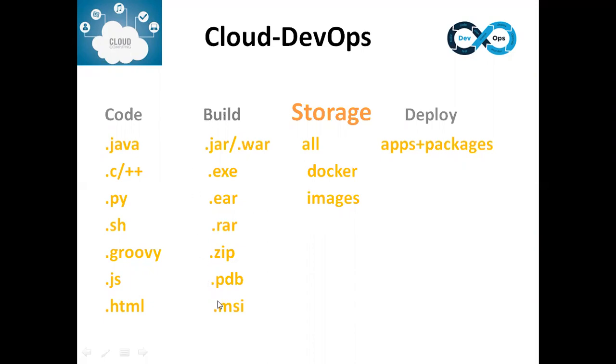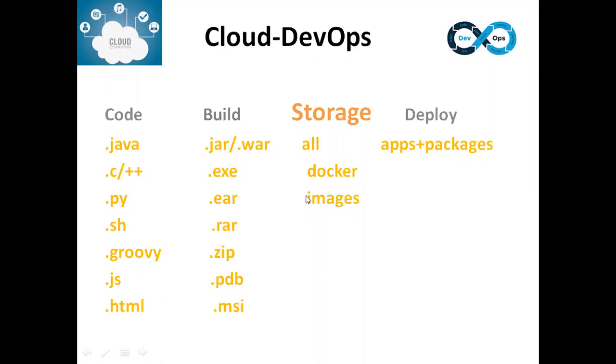So all these packages, exe files, binaries or artifacts which are produced in the build stage will be stored in the storage section. It is not mandatory to store here, but it gives you an option to store all of the versions if you require. After that, you can go for the deploy stage.